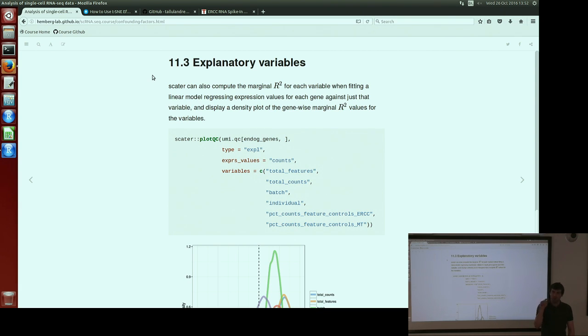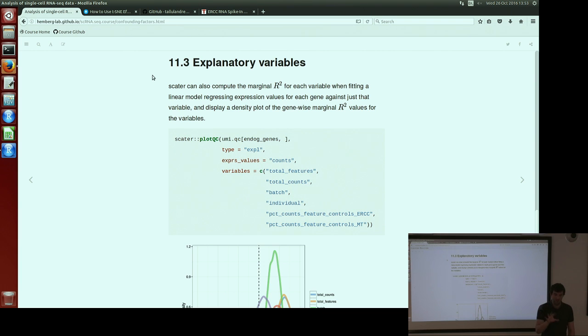We can do that for all of the genes in our data set, which gives us a long list of R squared values across all genes for a particular variable of interest, and so a distribution of R squared values.